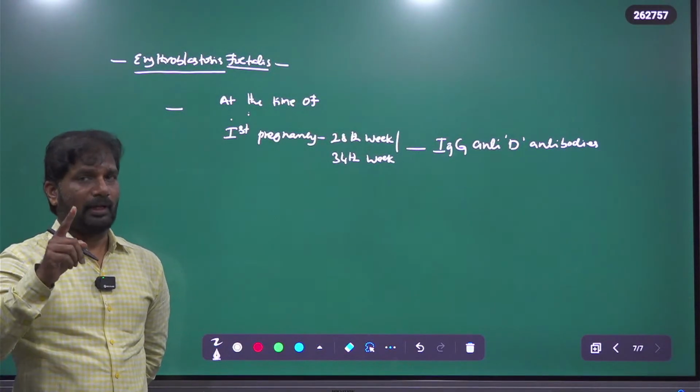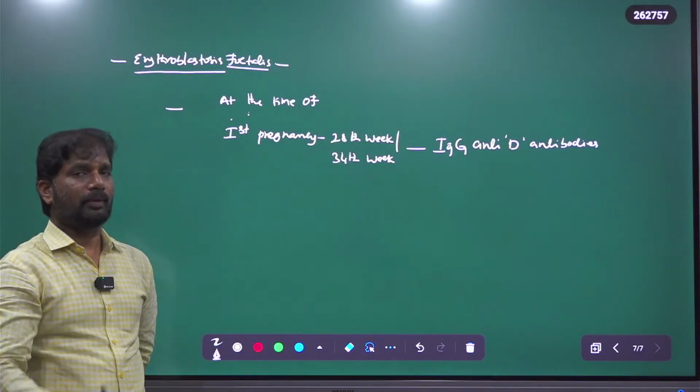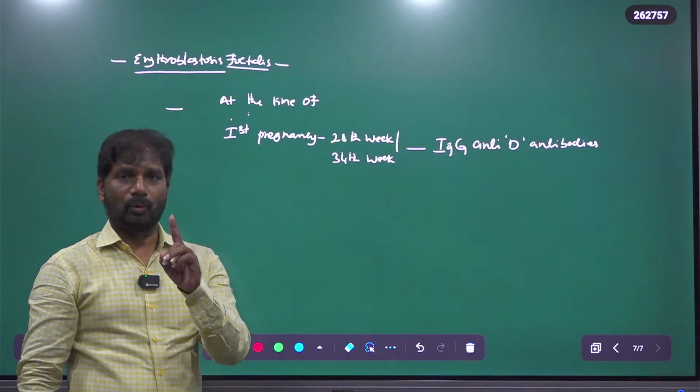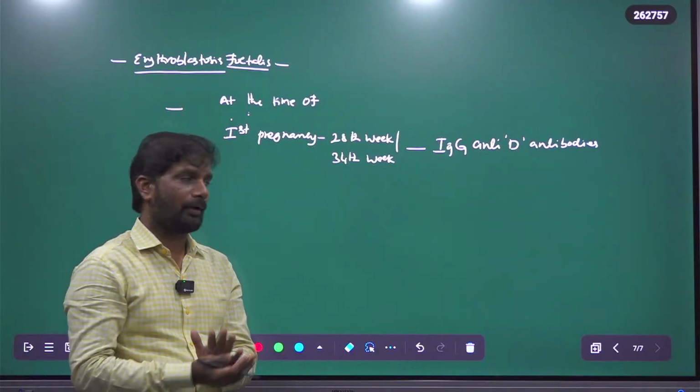At such a time, we can overcome the problem of erythroblastosis fetalis.